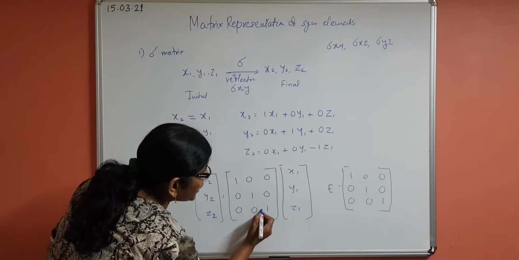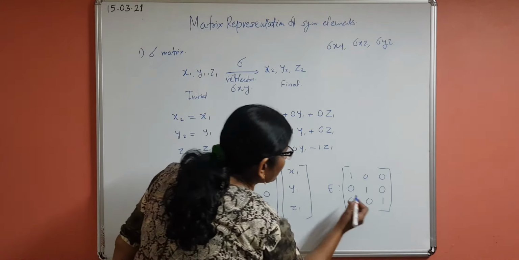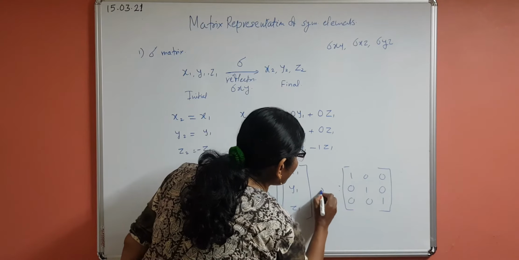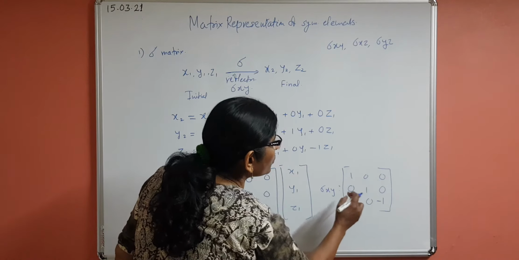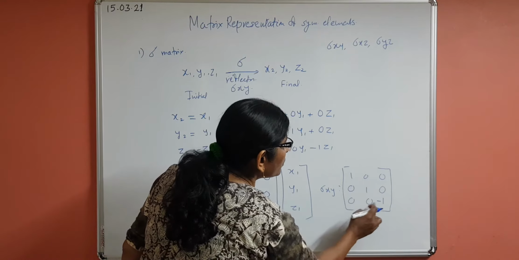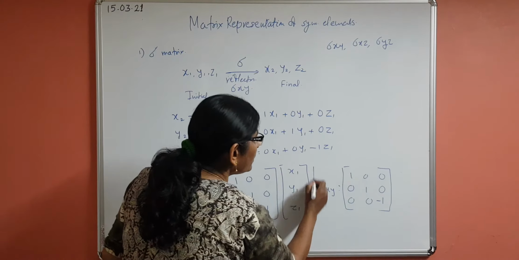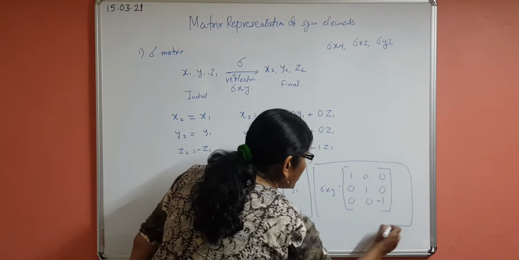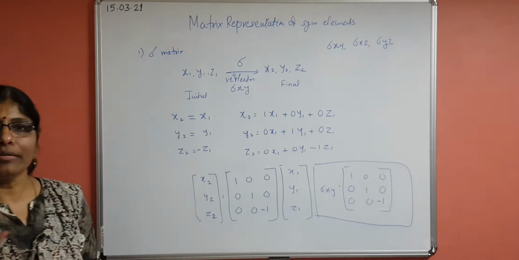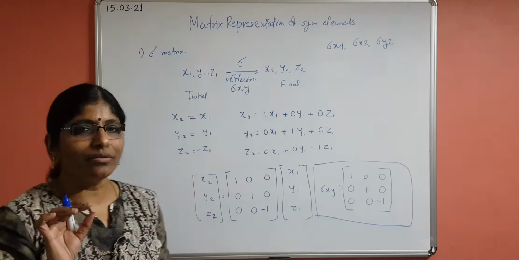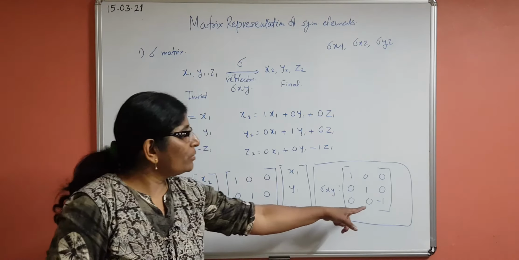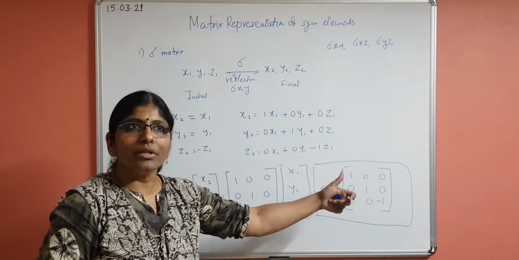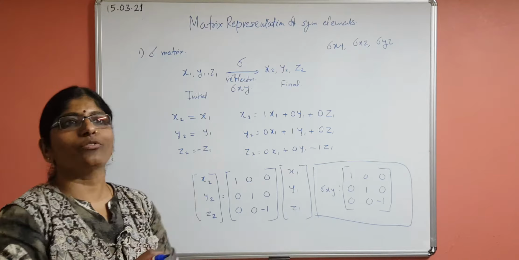Here you have to write minus, and the final matrix for sigma xy will be 1 0 0, 0 1 0, 0 0 minus 1. This is too simple to understand. When there is an xy plane, z will have a negative sign, or be inverted, that is, its coordinate is changed.